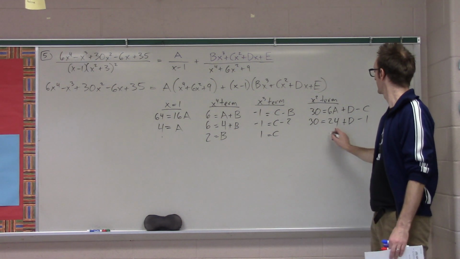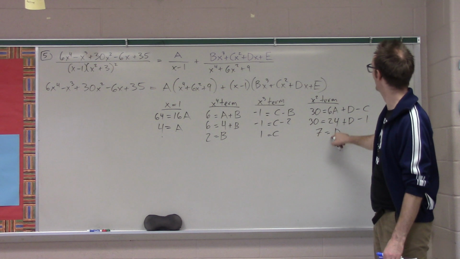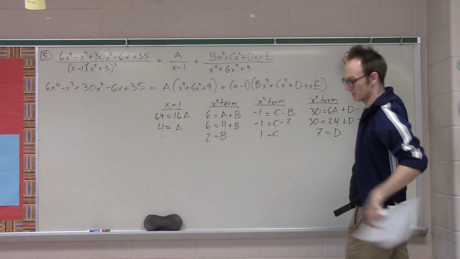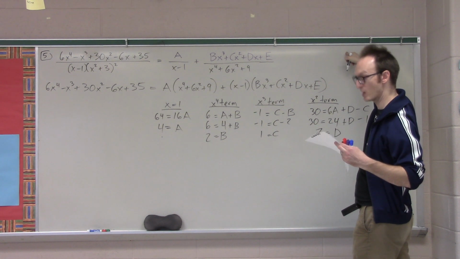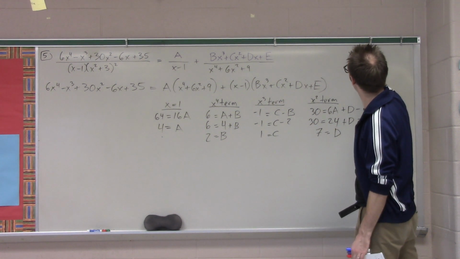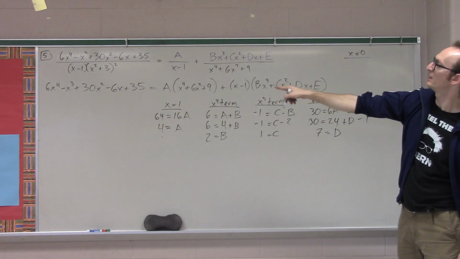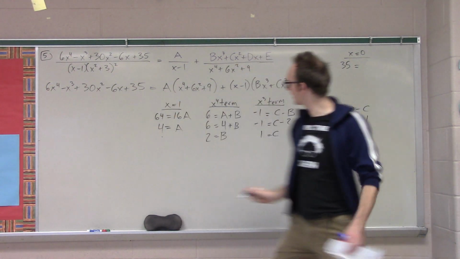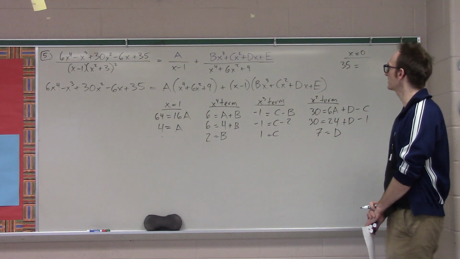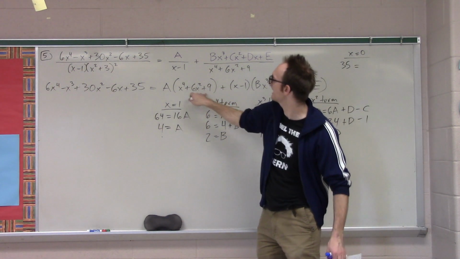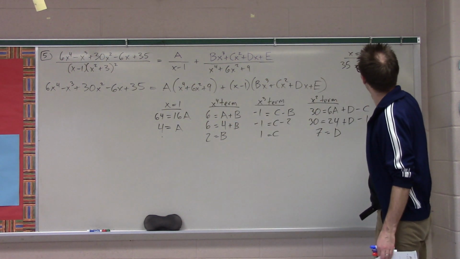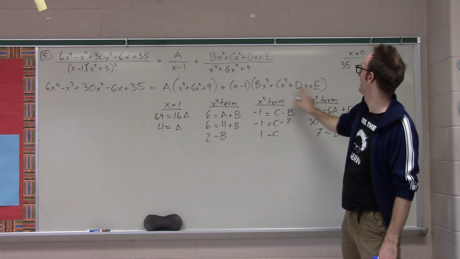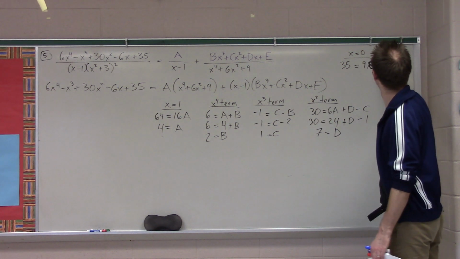7. Okay, and now, running out of space, let me just skip up here a little bit. What else? I guess maybe I can just plug in x equals 0 now. Yeah, let's do that. If I plug in x equals 0, on the left I get 35, the constant term is 35, and on the right, when I plug in 0 for x, I get 9a and minus e.